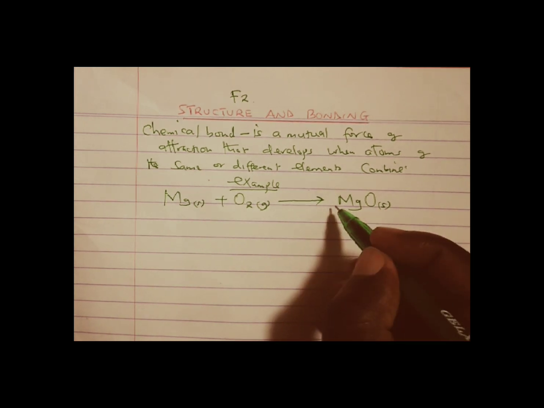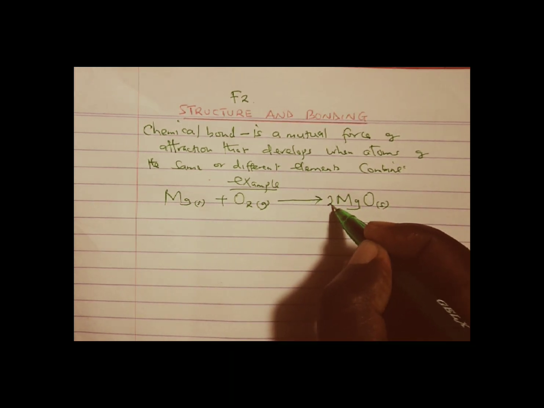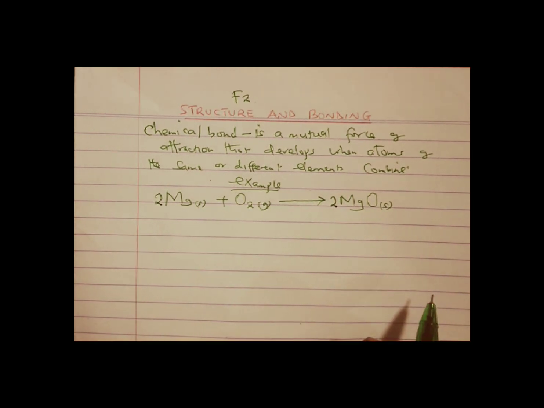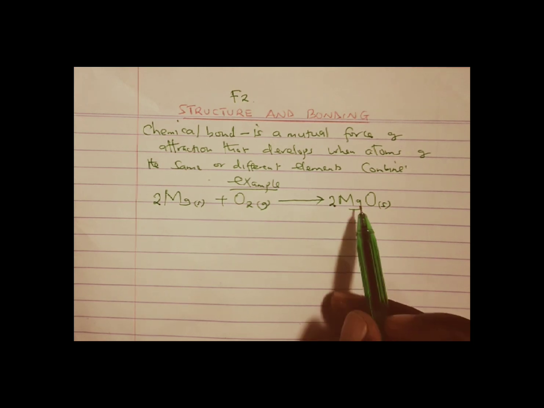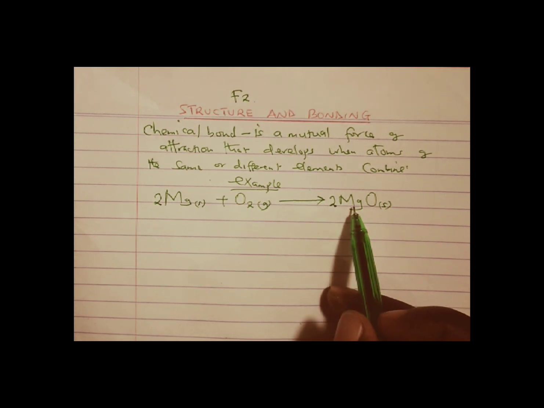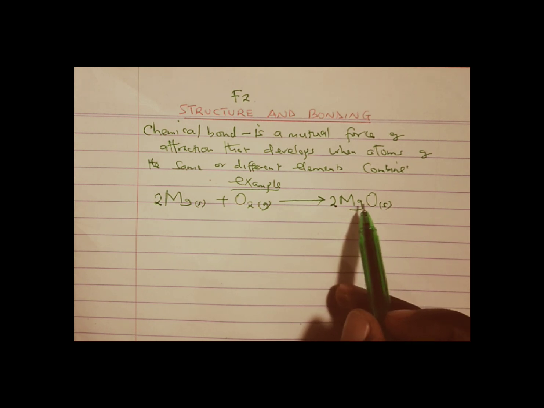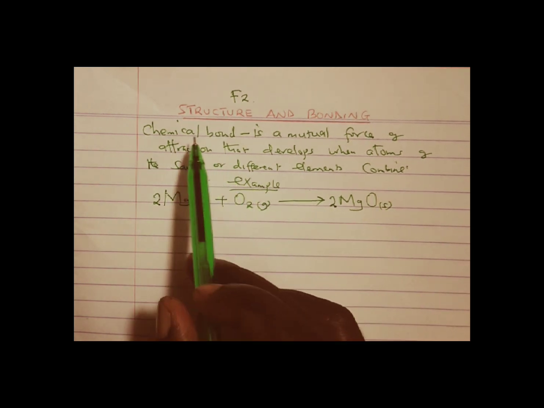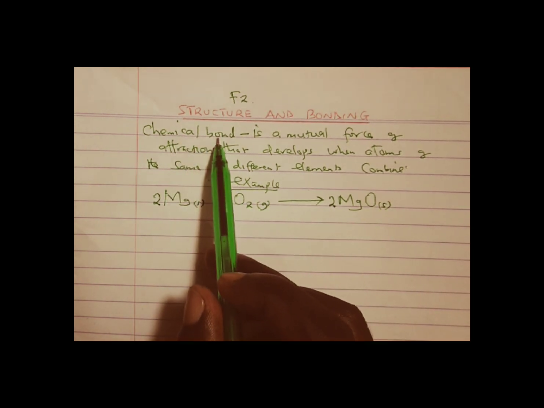We can balance the equation by writing 2 behind magnesium oxide and also 2 behind magnesium. The compound magnesium oxide is made up of 2 elements, that is magnesium and oxygen. There is a mutual force that exists between the 2 elements, and that mutual force is what we call a chemical bond.